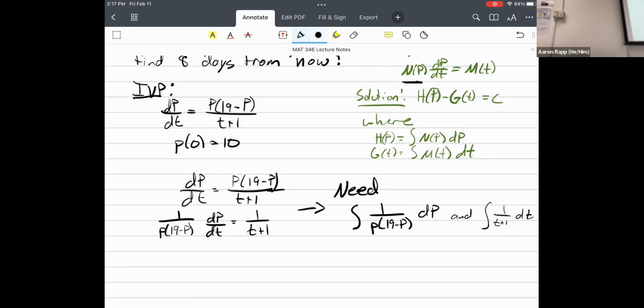Which one looks easier to you? Yeah, the 1 over t plus 1. So note that my g of t, matching up with what we have in the top right in green, what is the antiderivative of 1 over t plus 1 going to be?